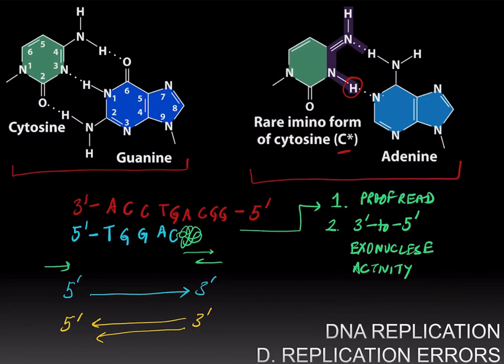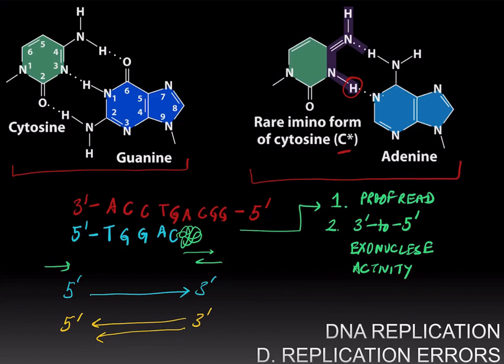To summarize, because of these tautomers of the nitrogenous bases, rarely you can incorporate a mismatched base pair, because those tautomers can make hydrogen bonds or base pair with the wrong partners. However, the DNA polymerase does proofreading, so it can detect these mismatches, and then it can move back.